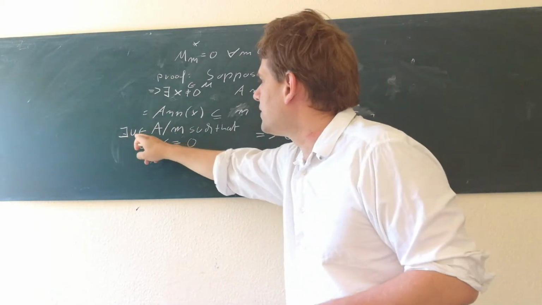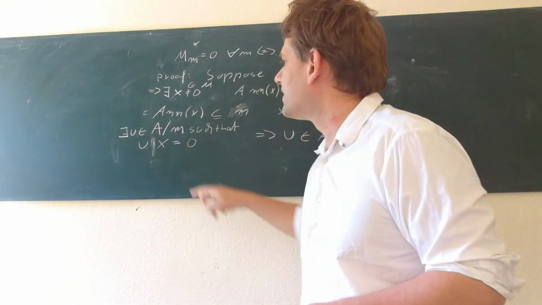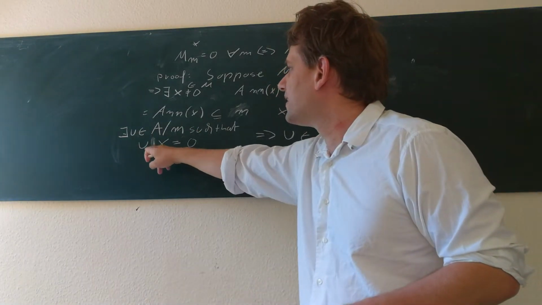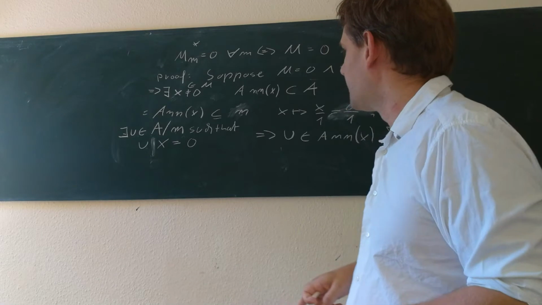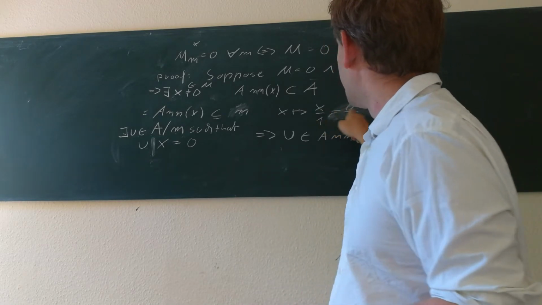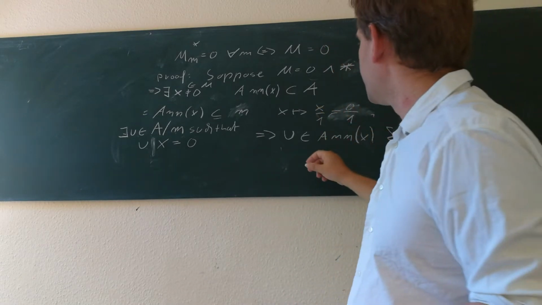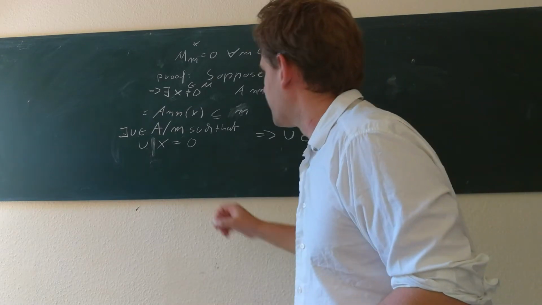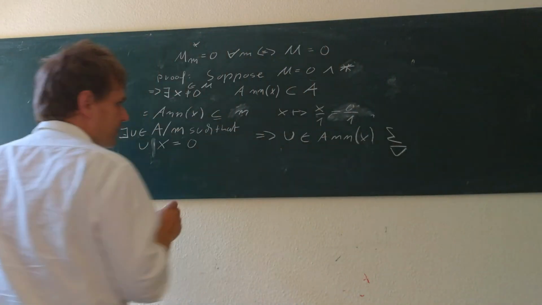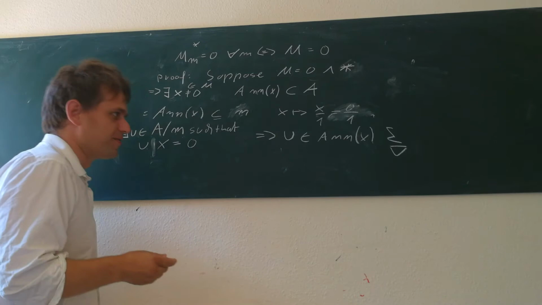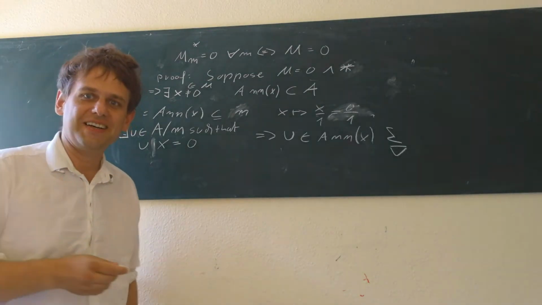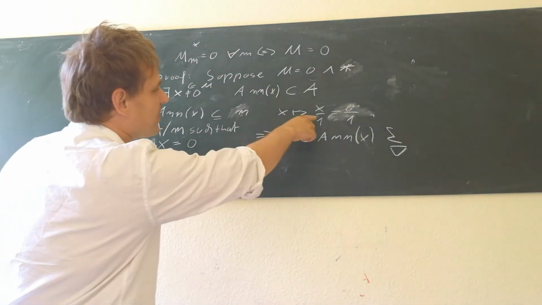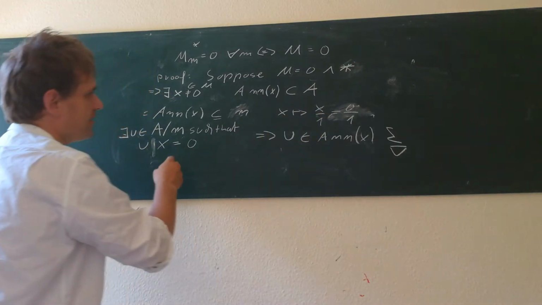So there is a u in here such that u times x is 0. So this comes from this equation. Maybe let me explain this in a little more detail.